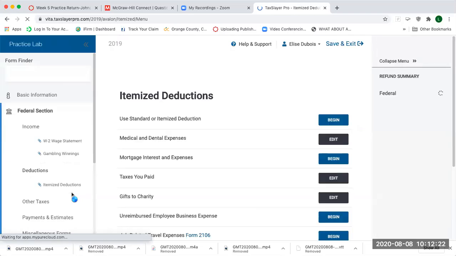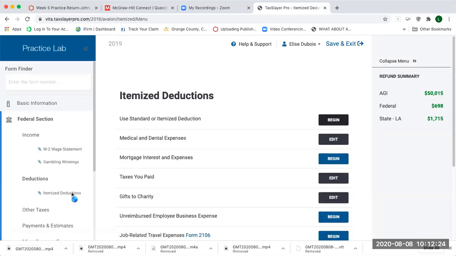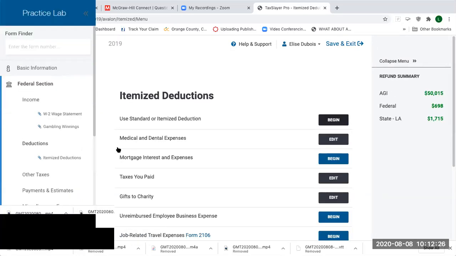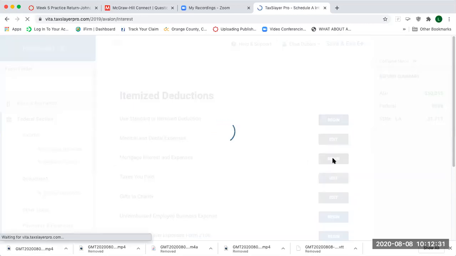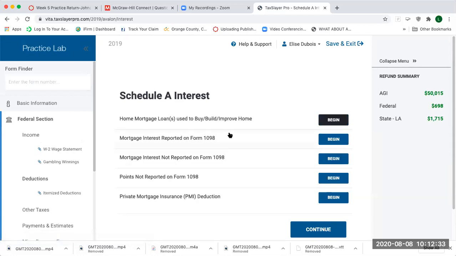And then go back here again. So the next one on the list is mortgage interest expense. Right here, mortgage interest, put there. And then let's just put home mortgage. That's mortgage interest reported on Form 1098.